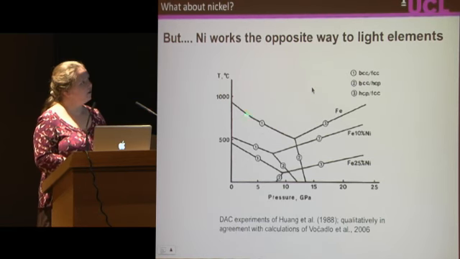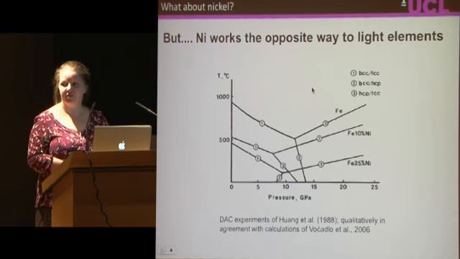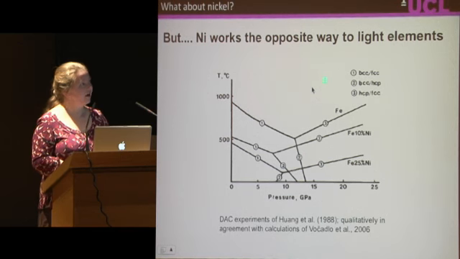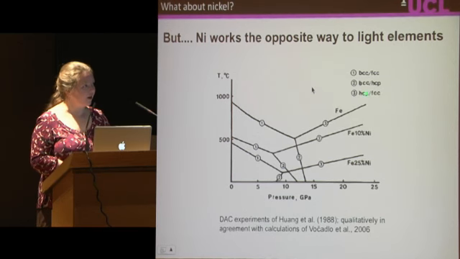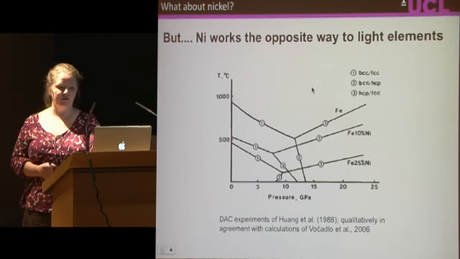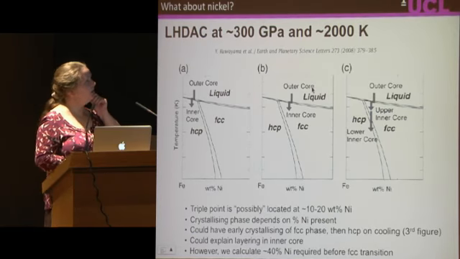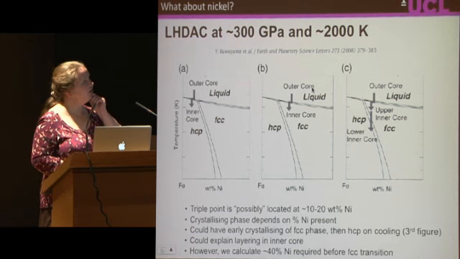So this is the phase diagram of iron. This is quite an old version of it. And you add nickel, and it pushes that phase boundary the other way, the opposite way to light elements, i.e., it favours the hexagonal phase and the face-centred cubic phase when you start to add nickel. And this was quite an interesting little idea.